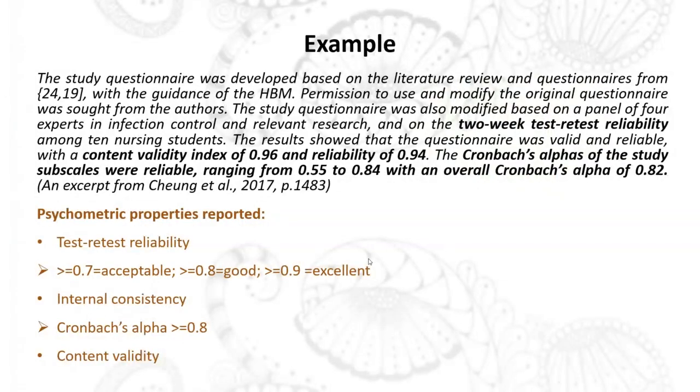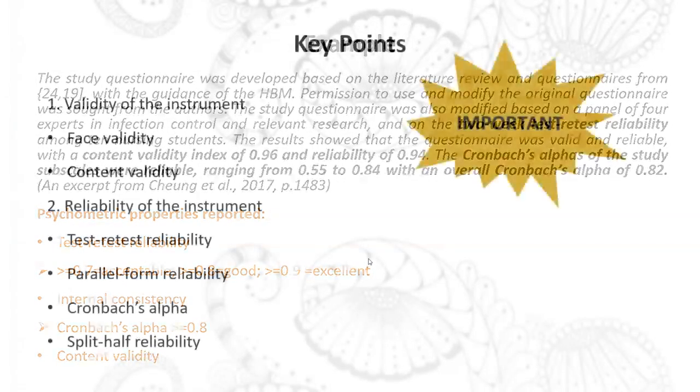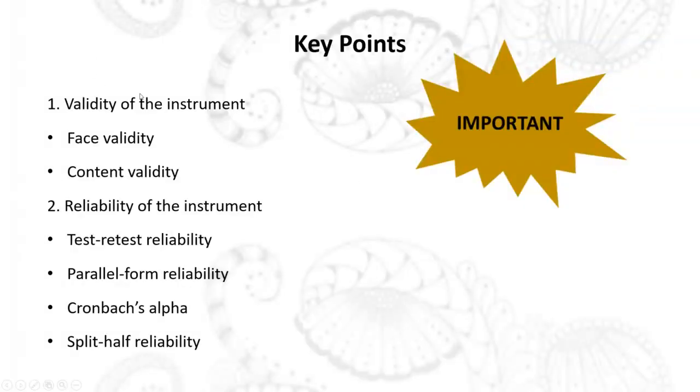So if you understand this, it will be good enough and you will be able to tackle the questions. Key points here: validity, face validity, content validity. These two, you must know how to do it and also the difference. Reliability, test-retest, all 4 reliability tests I mentioned. You should be able to differentiate one from another. You also need to know how to do it and also how to interpret the R or the alpha.